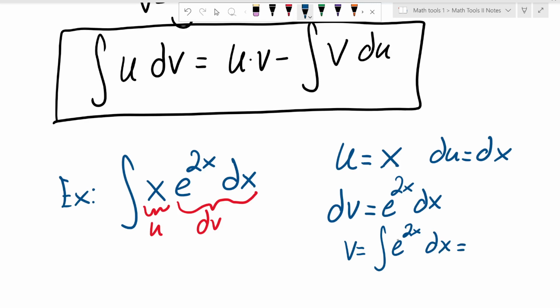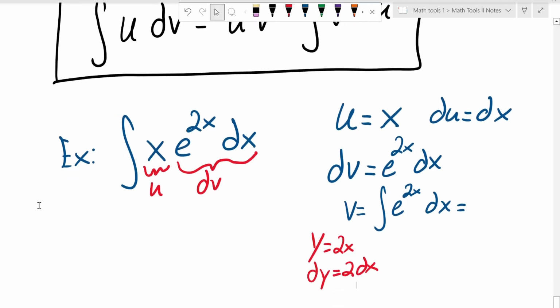You actually would technically need to do a substitution to solve this one. This is one that comes up a lot, so you get kind of used to it. If you want to introduce another variable, maybe use y. You can do it off to the side: you let y equal 2x, and then dy equals 2 dx.